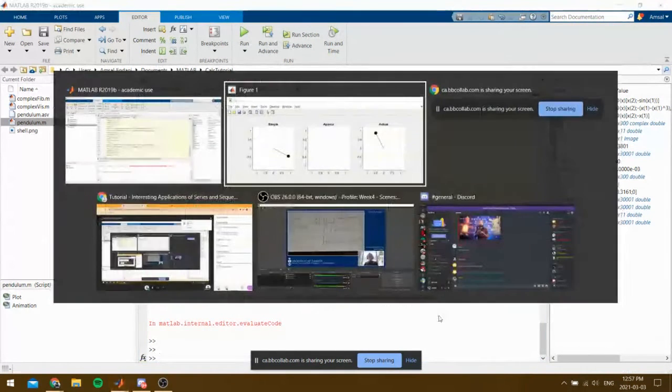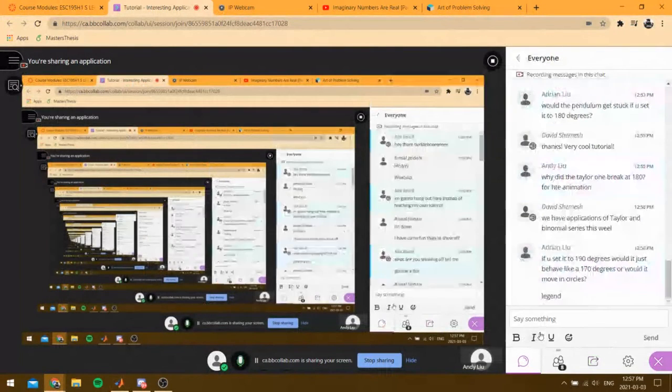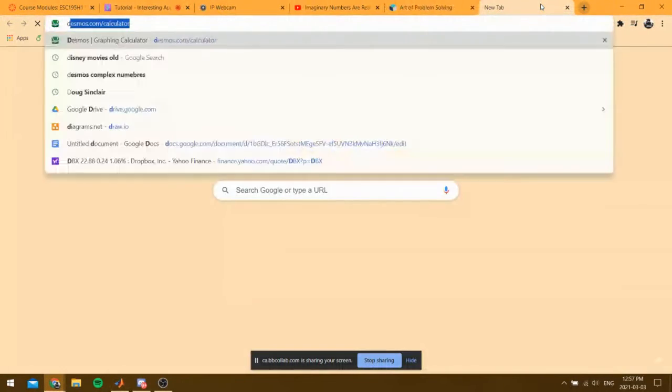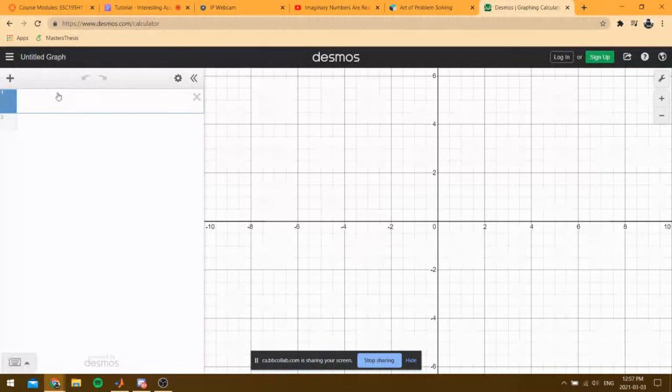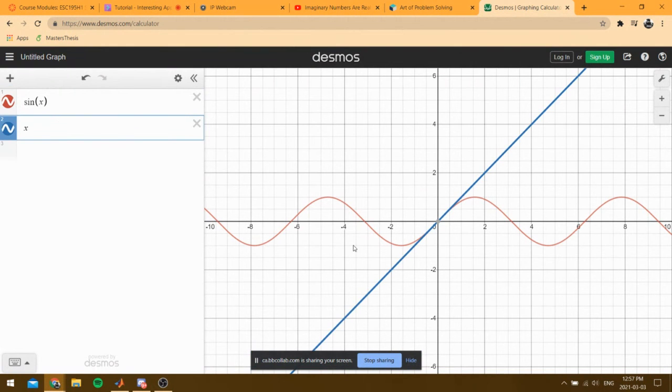A really easy reason to see why that's the case is maybe if I show you the actual Taylor series expansion. This is the actual function, it's sine of x, right? And then this is the simple approximation, you're just saying sine x equals x.